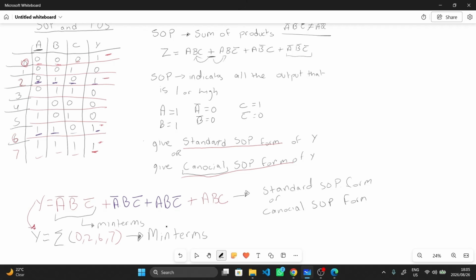Another way to get these values 0, 2, 6, 7 is you say, okay, it's A complement, so we know it's 0. That is B complement, we know that is 0. That is C complement, that is 0, right? So that in binary is 0, and in digit it's going to be 0, right?